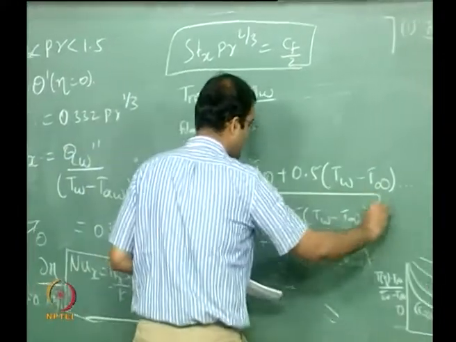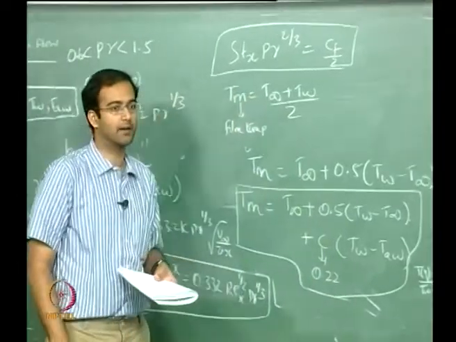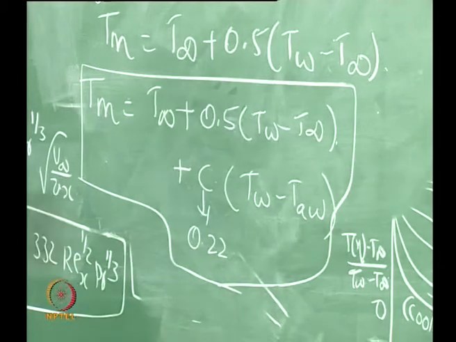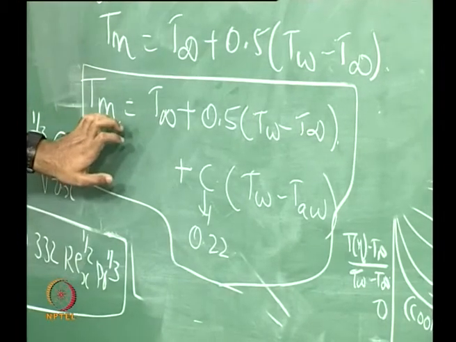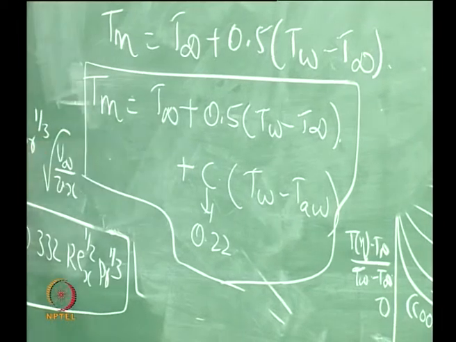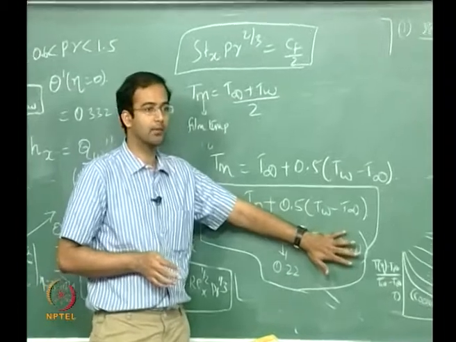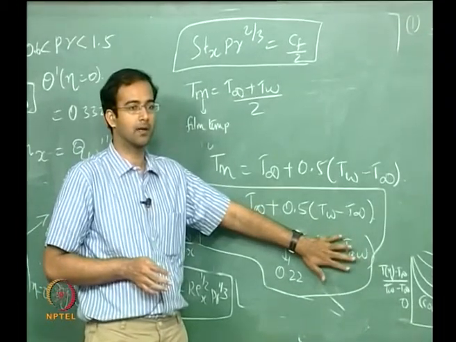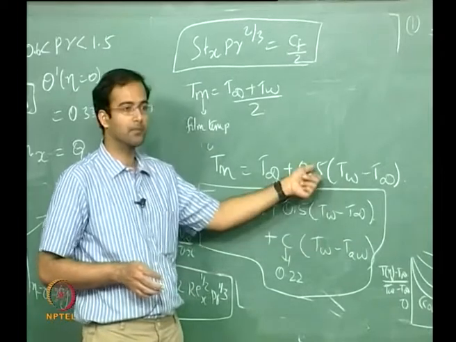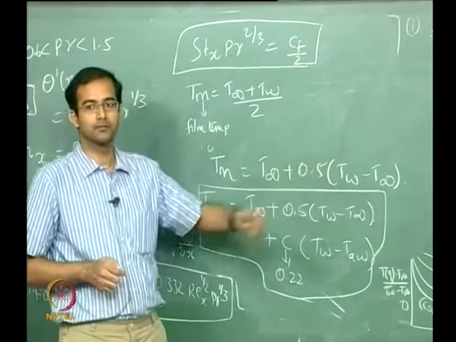So we calculate the mean temperature or film temperature this way in the case of high speed flows, and then we calculate all the properties at this temperature. Now for the limiting case where you don't have viscous dissipation, T wall will become exactly equal to T adiabatic wall, so it will reduce to the form of your earlier case, that is your film temperature.